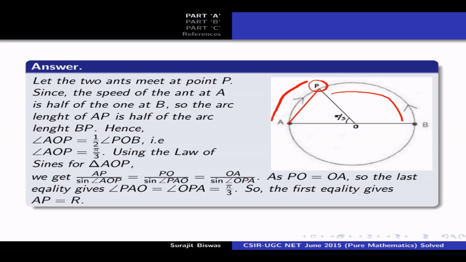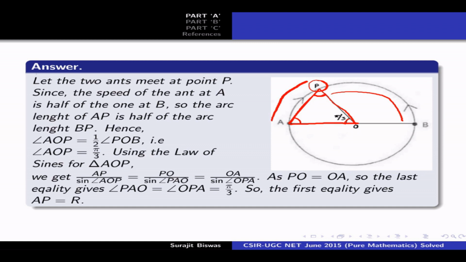Then AP divided by sine AOP equals PO divided by sine PAO equals OA divided by sine OPA.